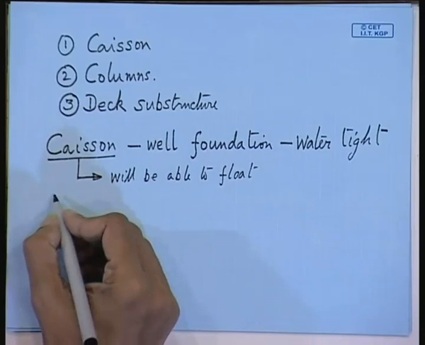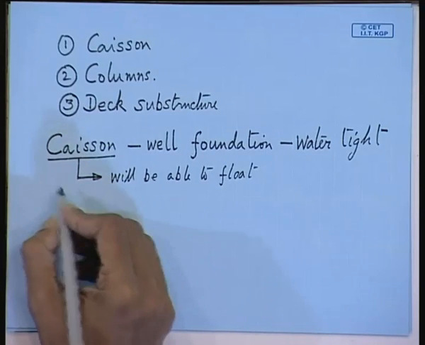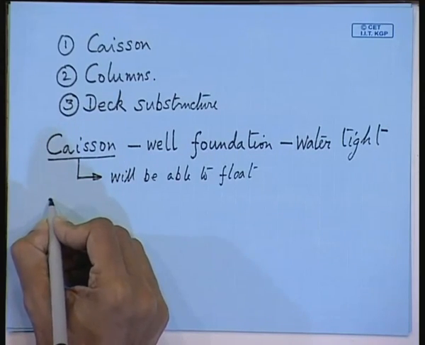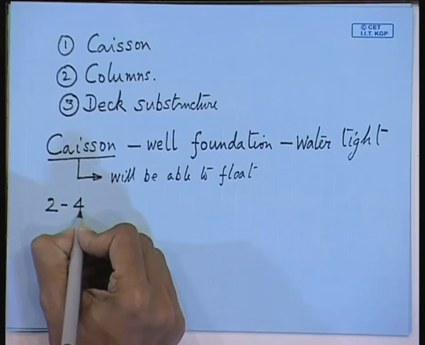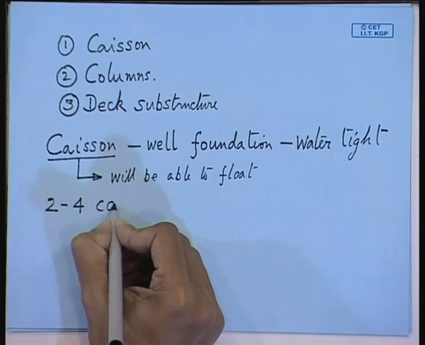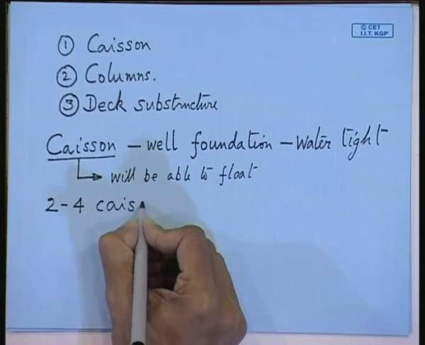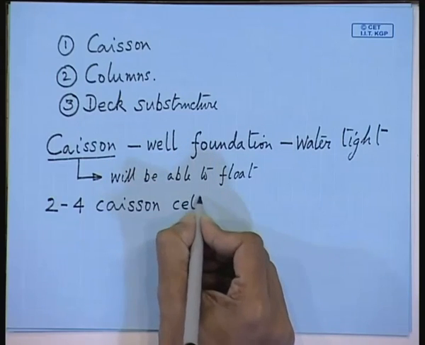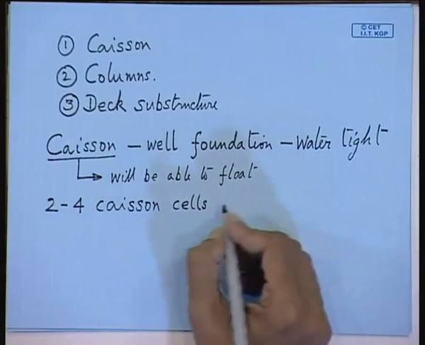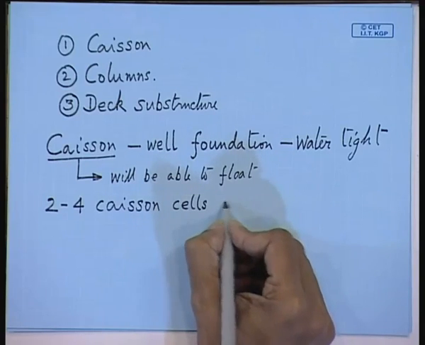Now say 2 to 4 caissons, depending on the size of the platform, or rather caisson cells, can be converted to columns.